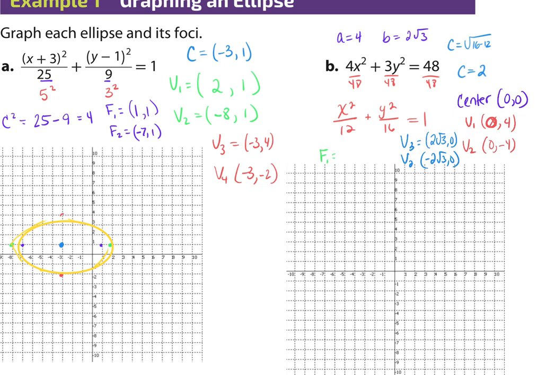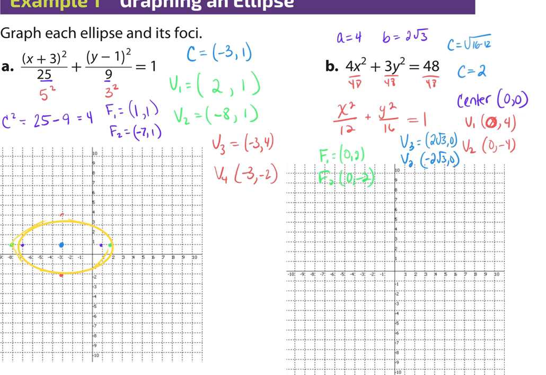Remember now, this is going to be on the y because it's elongated this way. So it's going to be 0, 2, and 0, negative 2. All right, so when it goes this way, my y value changes for my centers, my major vertices, and my focus points. When it's elongated that way, then my minor, our co-vertices, will change my x value, okay?